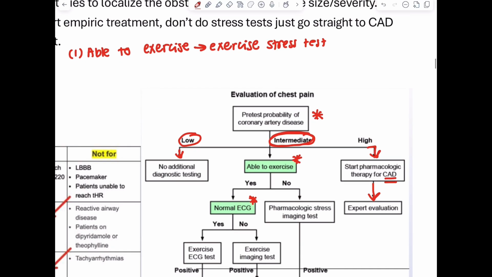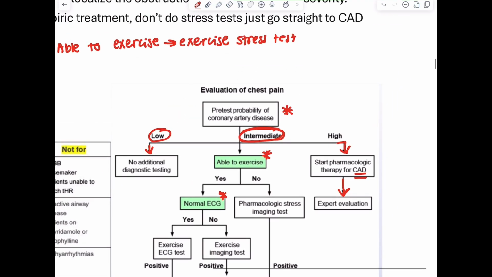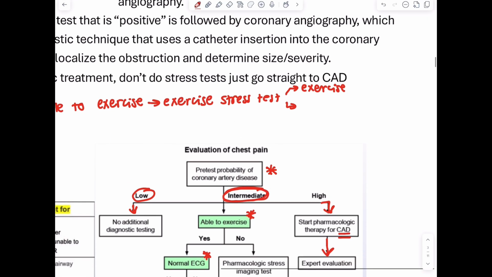Okay, but there's two types of exercise stress test. There is exercise with no imaging, or exercise with imaging.